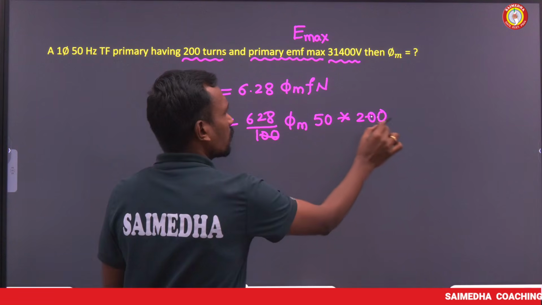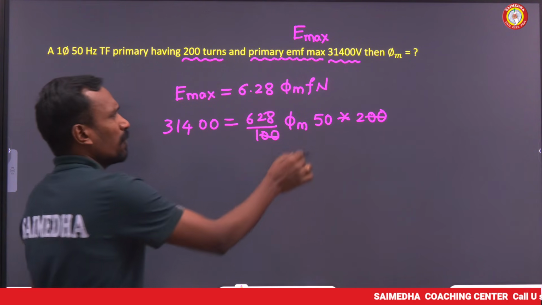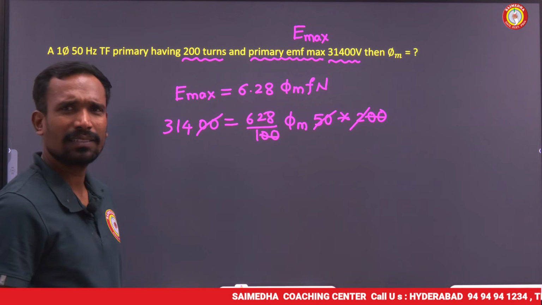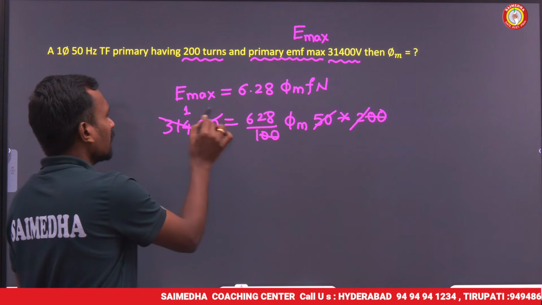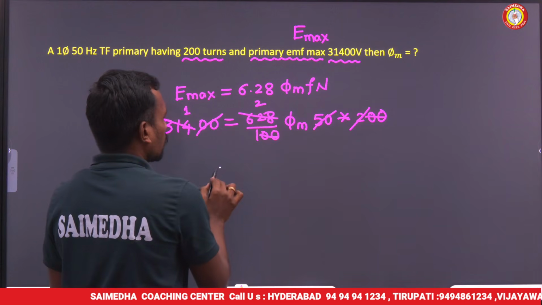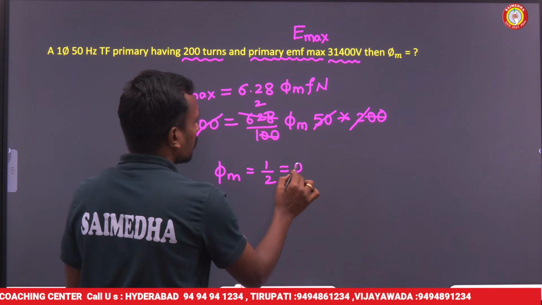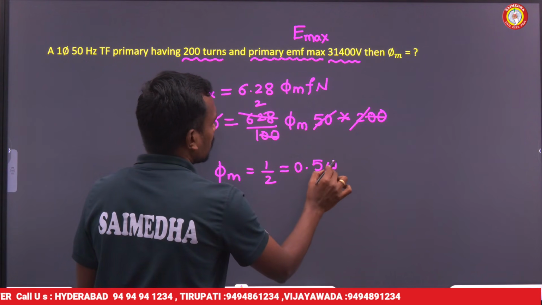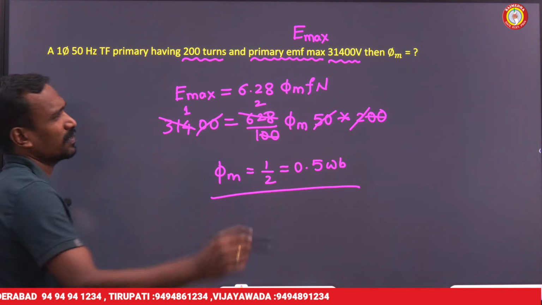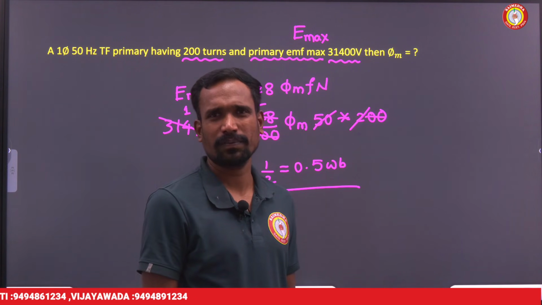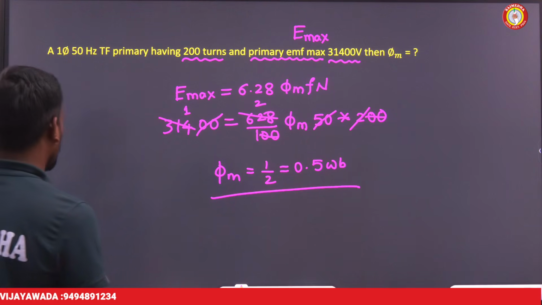These two zeros cancel. 50 twos are 100, cancel. 314 ones are 314, twos are. So phi m equals 1 by 2, which equals 0.5 Weber of flux. These are a few simple questions, sir. Let's go for the next question.